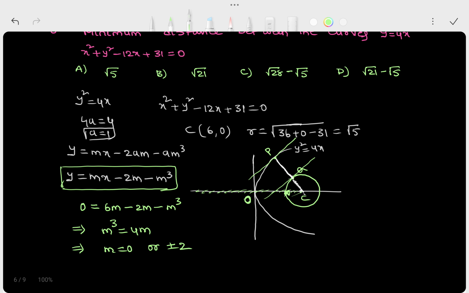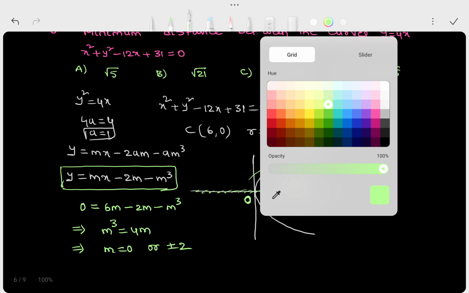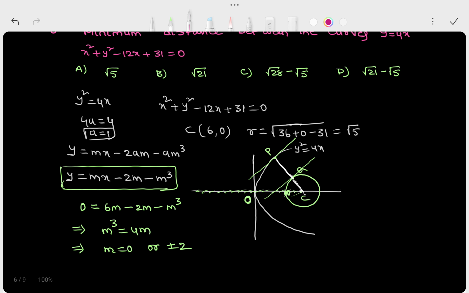Here it is the common normal. This portion is the common normal, and the remaining portion is also the common normal to the parabola and the circle.